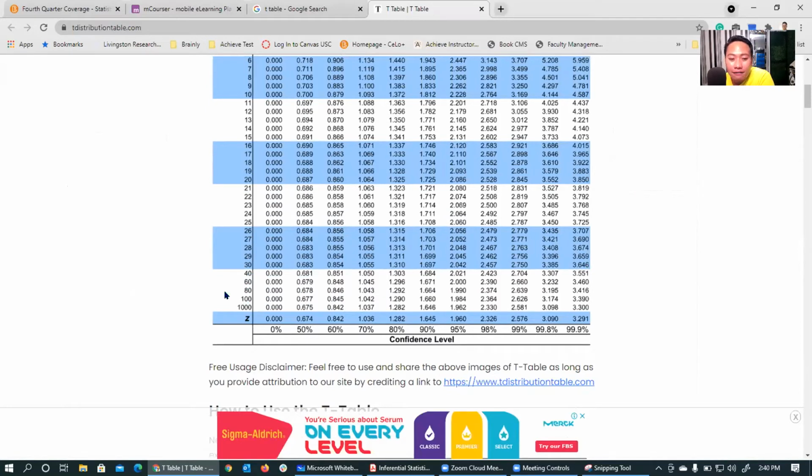So let's say, for example, your sample size is 42, and then 42 minus 1 is 41. Which one do I use, 40 or 60? You use the closest value.